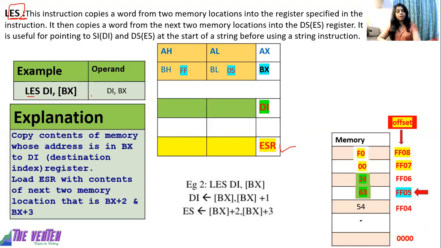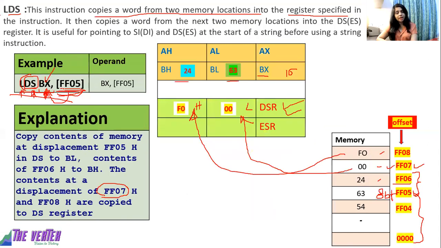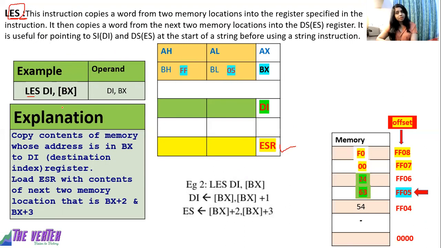In the previous case we used direct addressing mode, in which the offset is directly mentioned in the instruction. But here the offset is available in the BX register. BX is enclosed in brackets. Whenever a register is enclosed in brackets, it indicates that the register holds the offset, that is, the effective address.